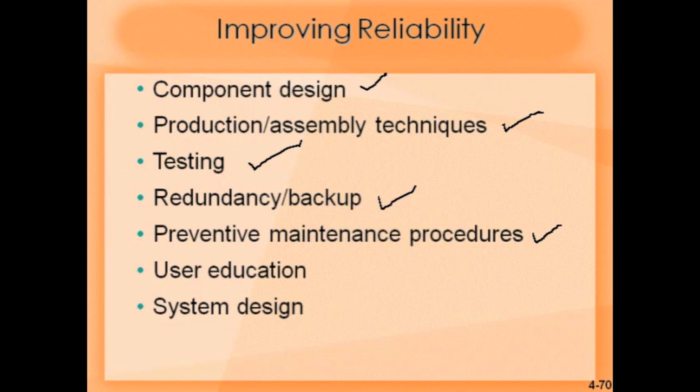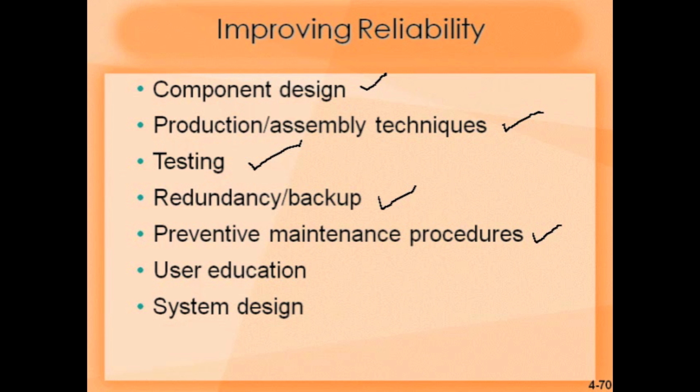Preventive maintenance procedures also help to improve reliability. Compare this with breakdown maintenance. Preventive maintenance is always considered superior to breakdown maintenance. If I have a car and I take it for repairs only when it fails, that's not a good strategy.